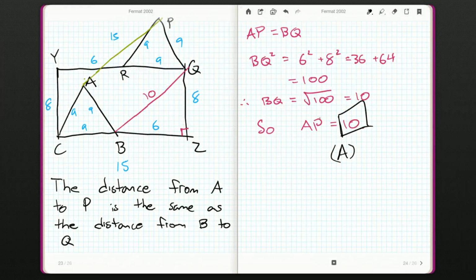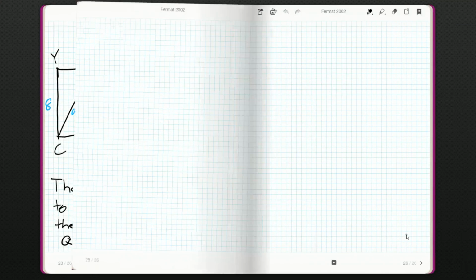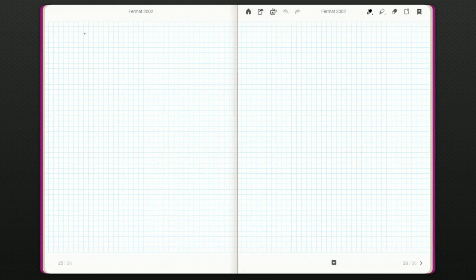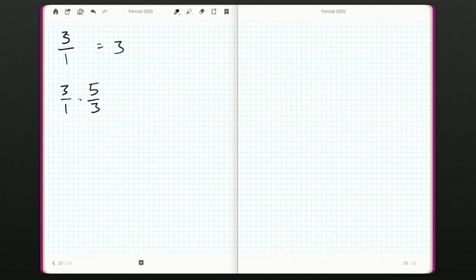I think I'm going to want a little more space, so we're going to go to the next page. But let's ignore the square root and let's ignore the equal to 9 for a moment. If I take a look at 3 over 1, that's just 3. 3 over 1 times 5 over 3. This would be our answer if n was 2.